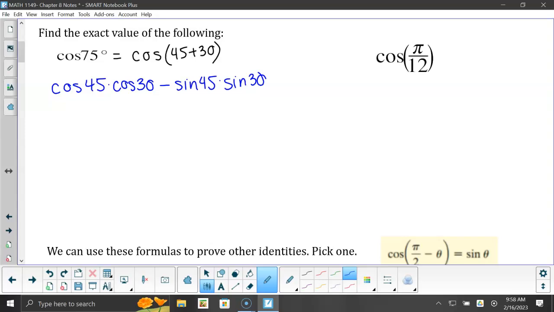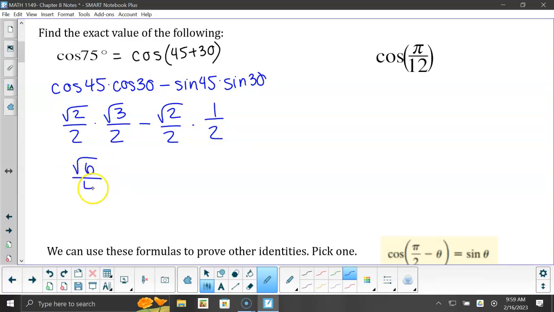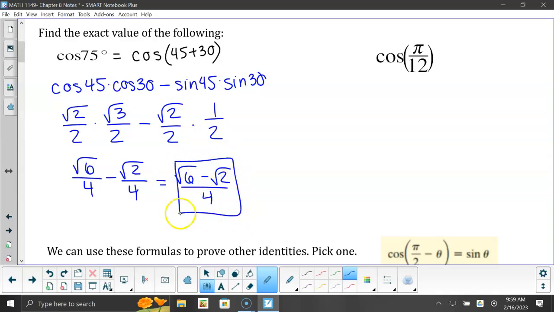So, cosine of 45 is root 2 over 2. What is cosine of 30? Cosine 30, root 3 over 2. All right, sine of 45 is root 2 over 2 again. And sine of 30 is 1/2. Root 6 over 4 minus root 2 over 4. Combine them, call it a day. Ta-da, we're done.